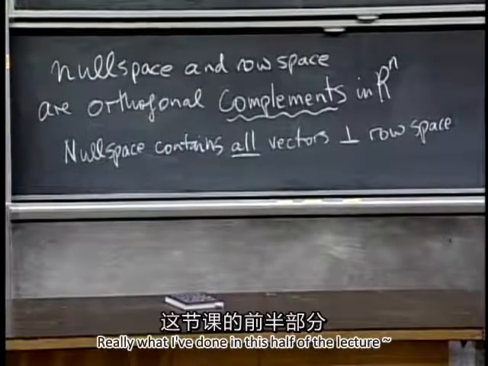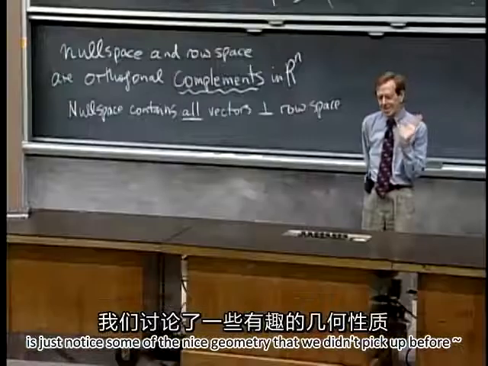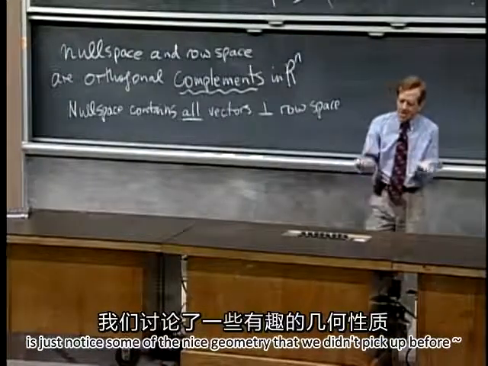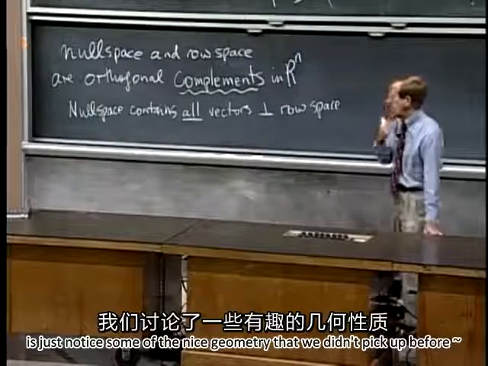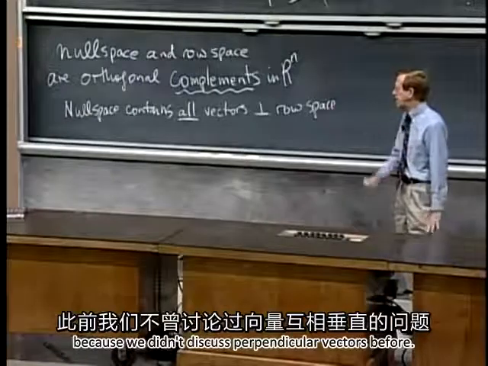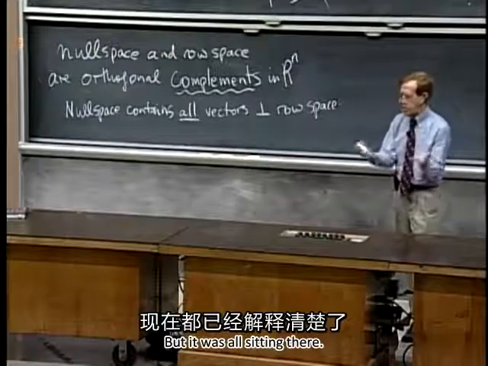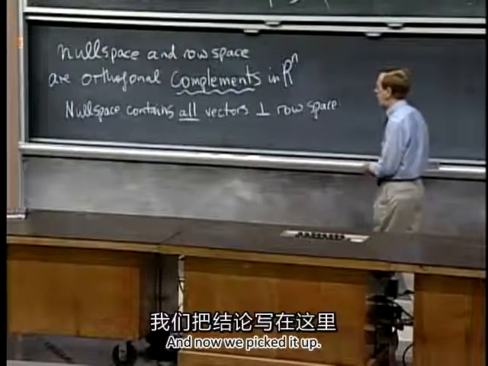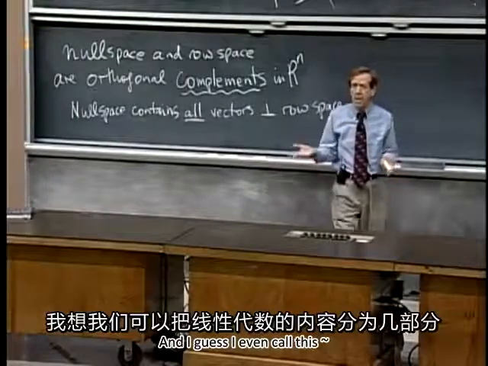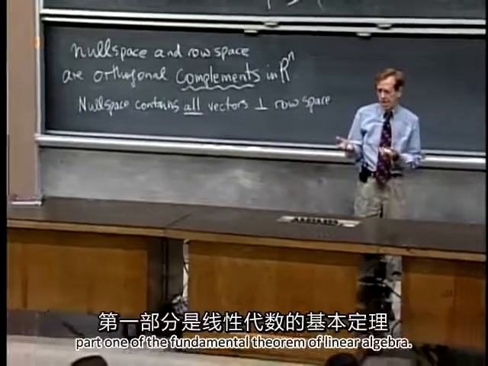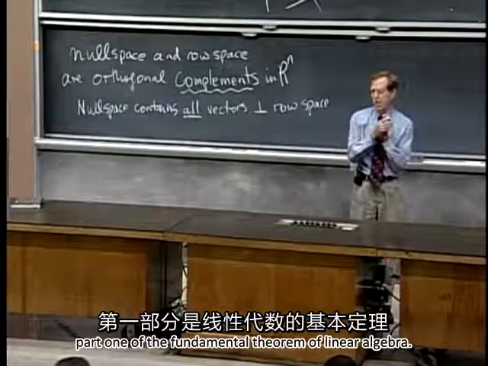Really what I've done in this half of the lecture is just notice some of the nice geometry that we didn't pick up before because we didn't discuss perpendicular vectors before. But it was all sitting there, and now we've picked it up, that these vectors are orthogonal complements. And I guess I even call this part 1 of the fundamental theorem of linear algebra.